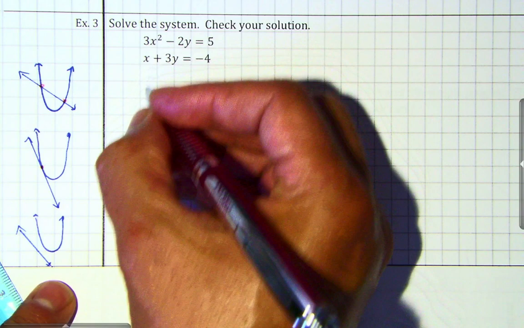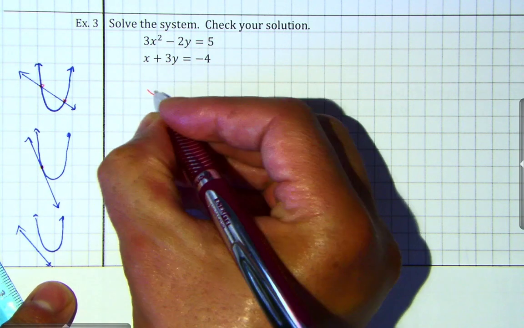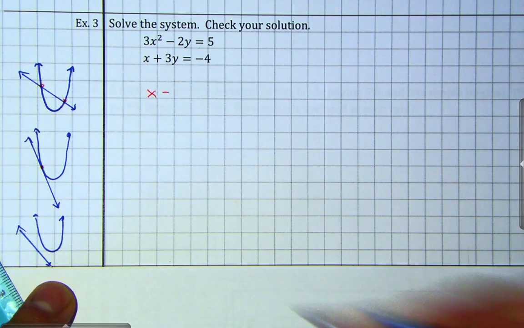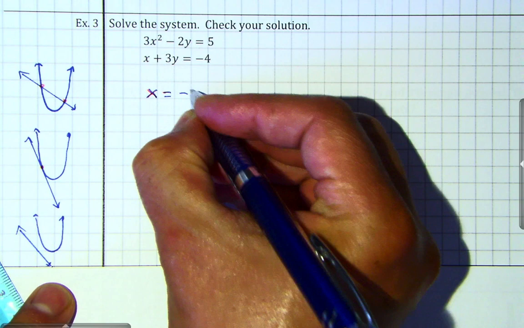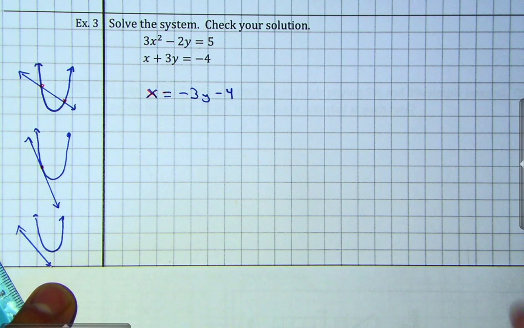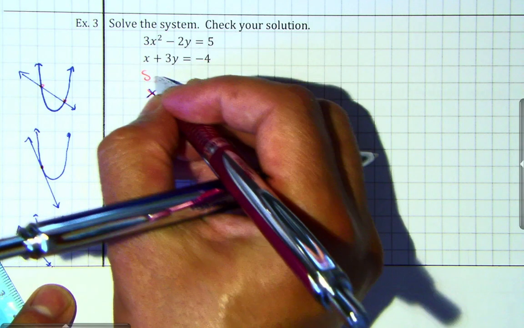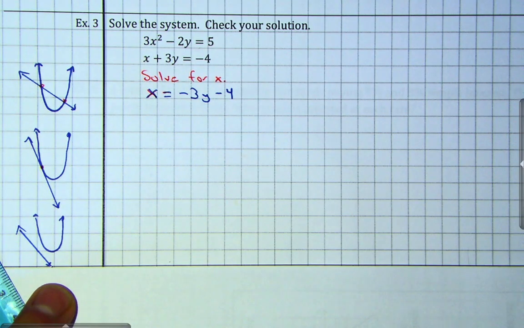So in this case, let's solve for x. Move the 3y to the right, and it becomes negative 3y minus 4. So we solved for x. And now what should we do?